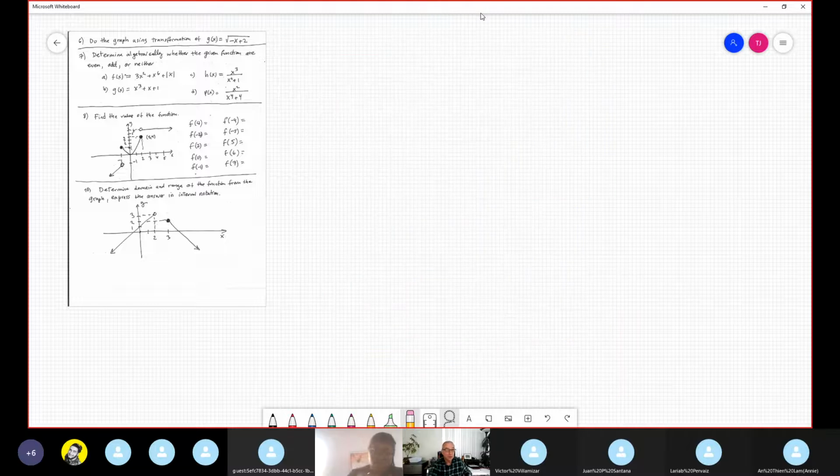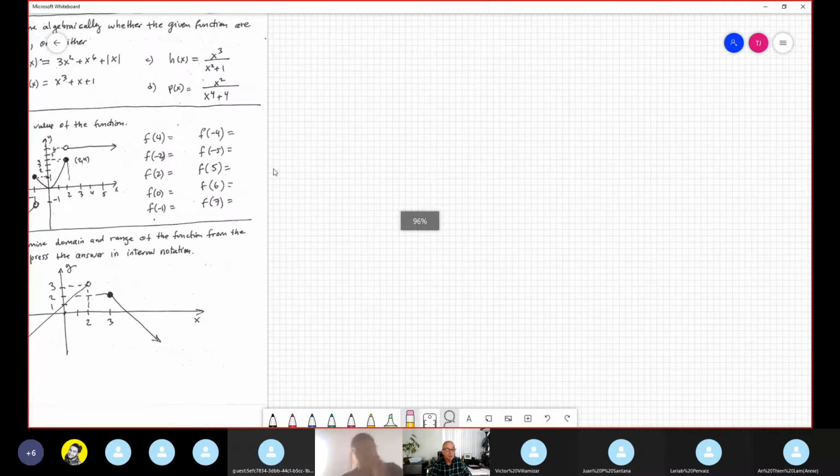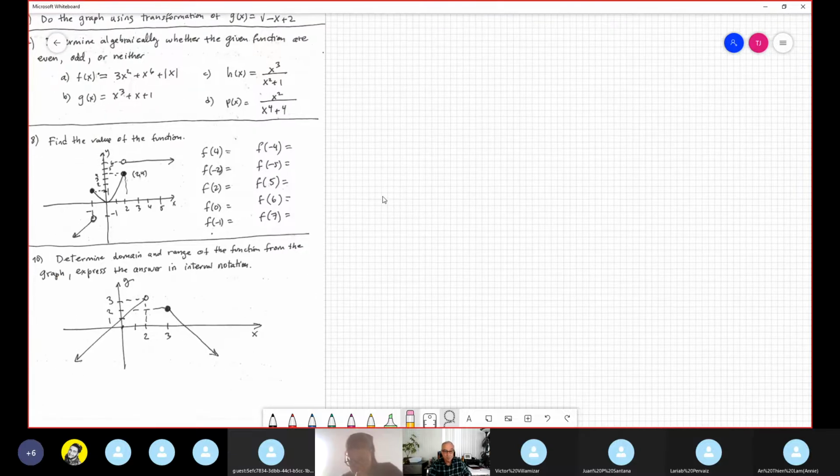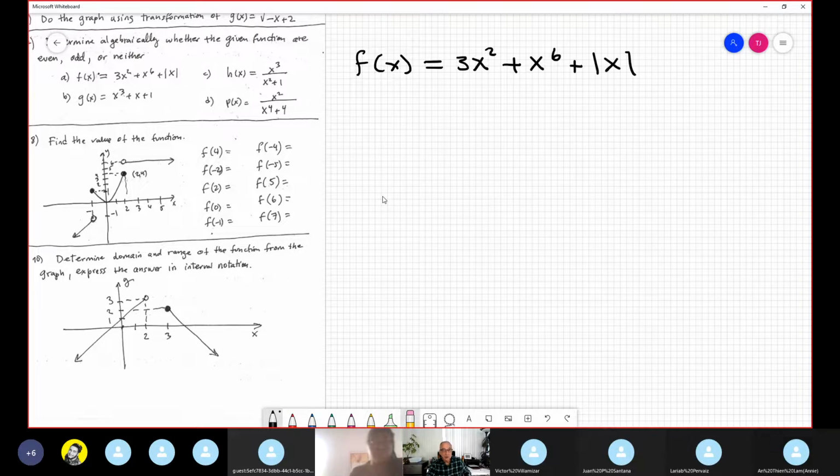Okay, good. Let's do the first example. The function is 3x squared plus x to the 6th power plus absolute value of x. I want to prove algebraically whether the given function is even or neither. I make a reflection.